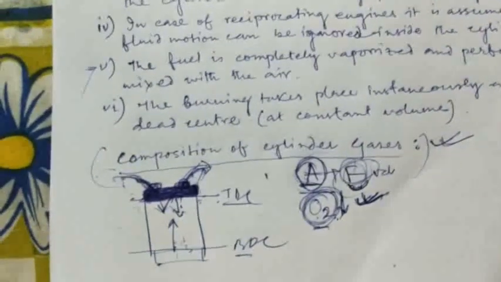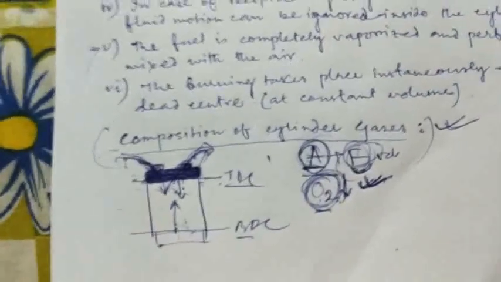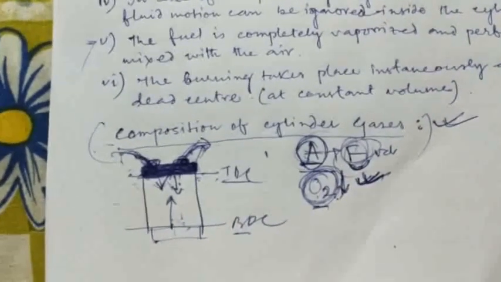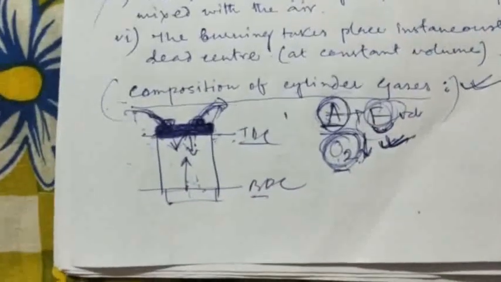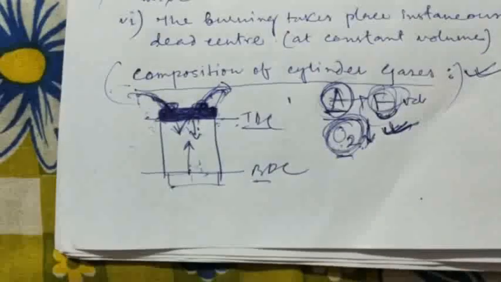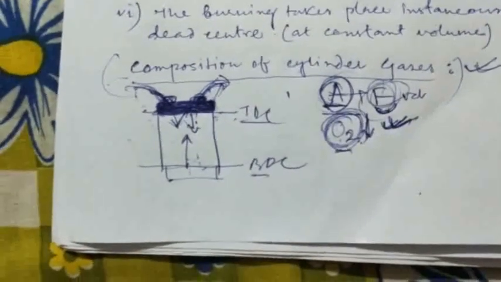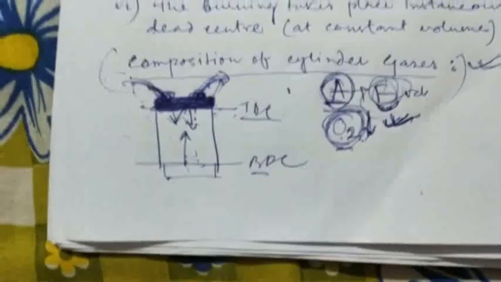So, depending upon engine operation, we need to change this fuel air ratio. At starting, when the engine is cold, we need to heat it up. We will send more fuel, that means we will send a rich mixture.